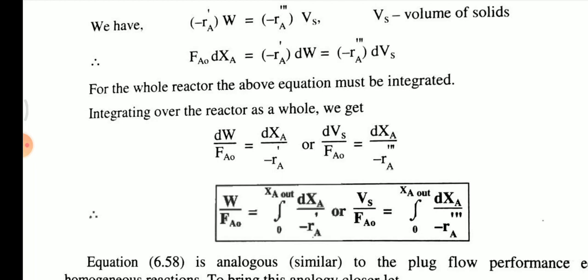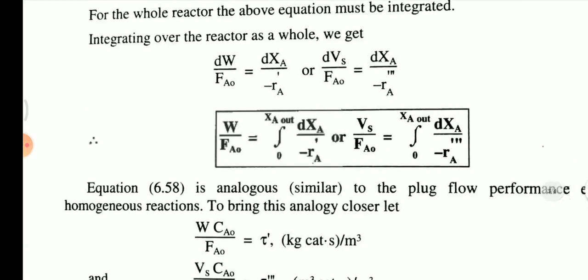So we get dW divided by Fa0 and dXa upon minus Ra, or it will be considered as a second thing, that is dVs divided by Fa0, and compare 1 to 3. So from 1 to 3, the first and the last, that is dVs divided by Fa0 is equal to dXa upon minus Ra double dash. So which is given by this equation, W by Fa0 is equal to the integral from 0 to Xa out.